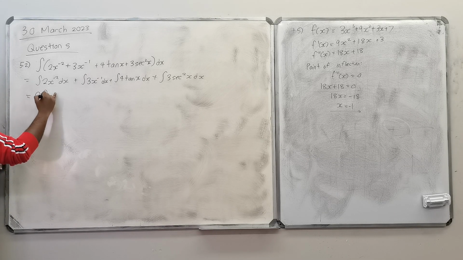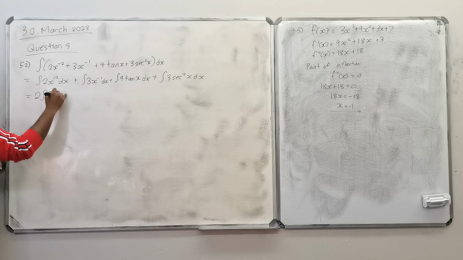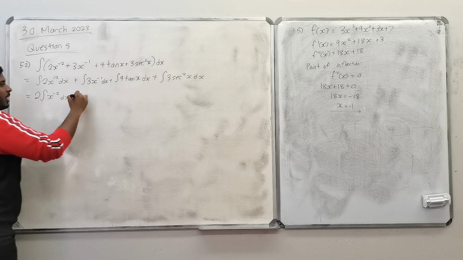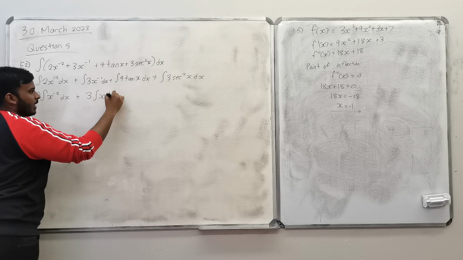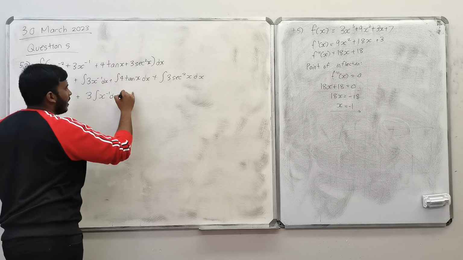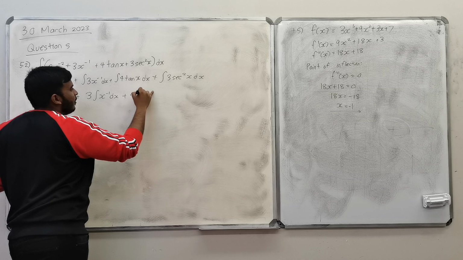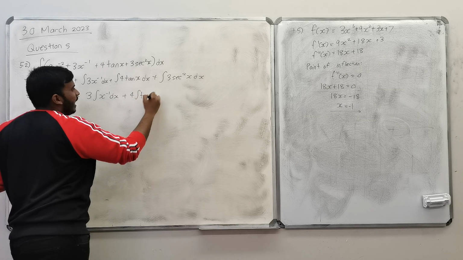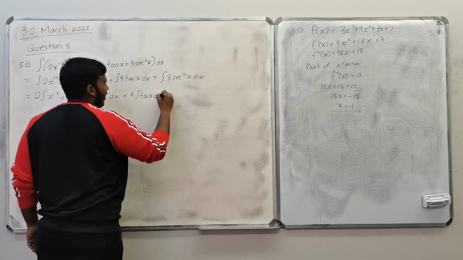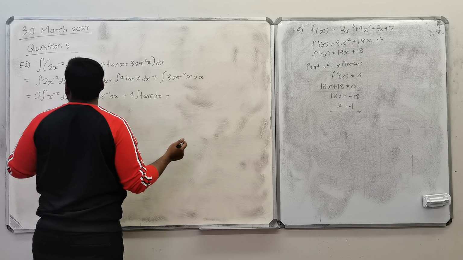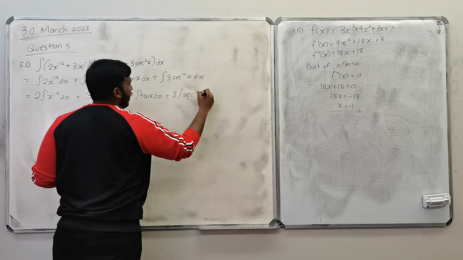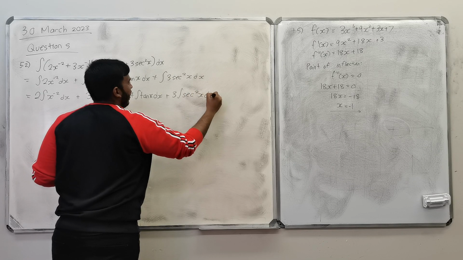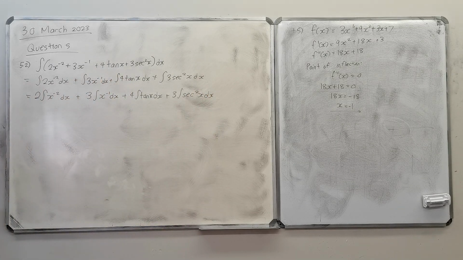So you say 2 times the integral of x to the minus 2 dx plus 3 times the integral of x to the minus 1 dx plus 4 times the integral of tan x dx plus 3 sec squared x dx. I'm just writing it to show you every step, but you all would have just gone from here to the next line.